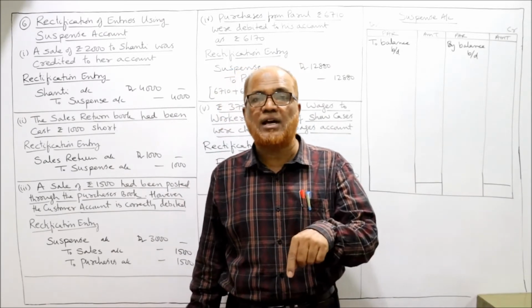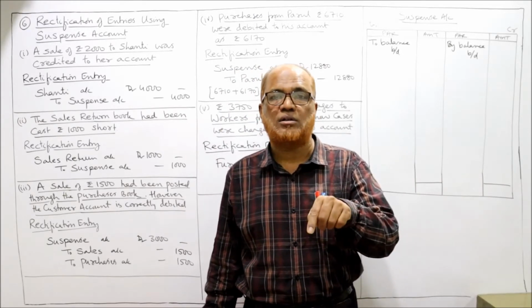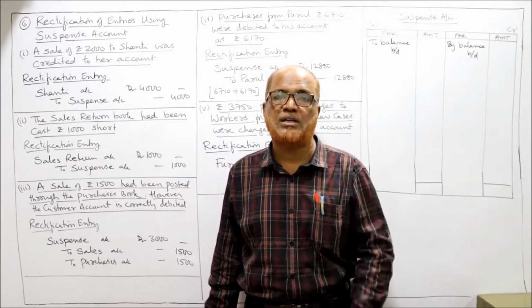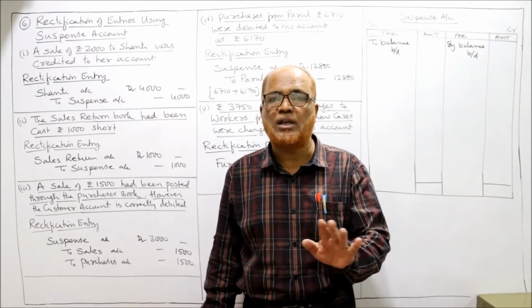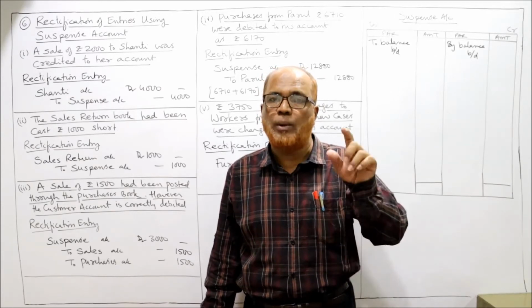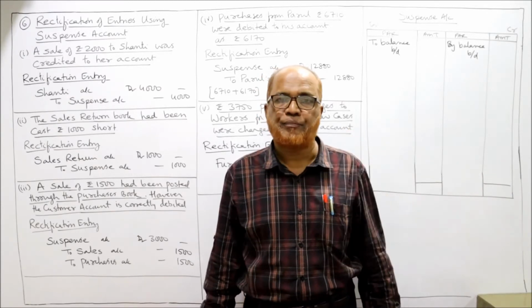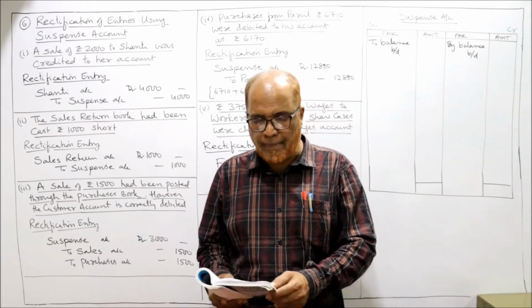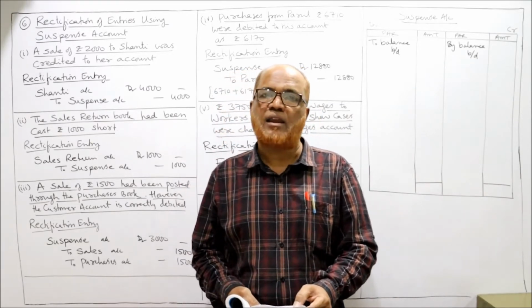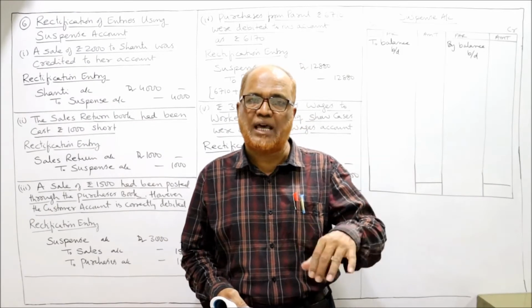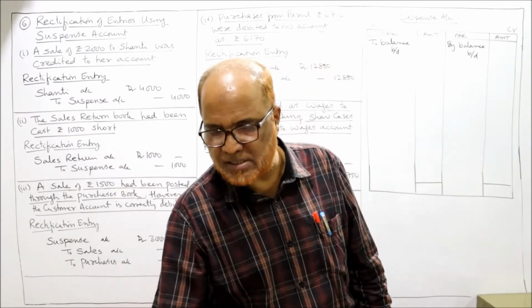But here it specifically says suspense account. Using suspense account, you have to rectify the error. That means we will not give any narration or explanation. We'll pass the entry for every error. That is the problem. Now here 1, 2, 3, 4, 5 errors are given. We have to rectify those errors and prepare the suspense account.